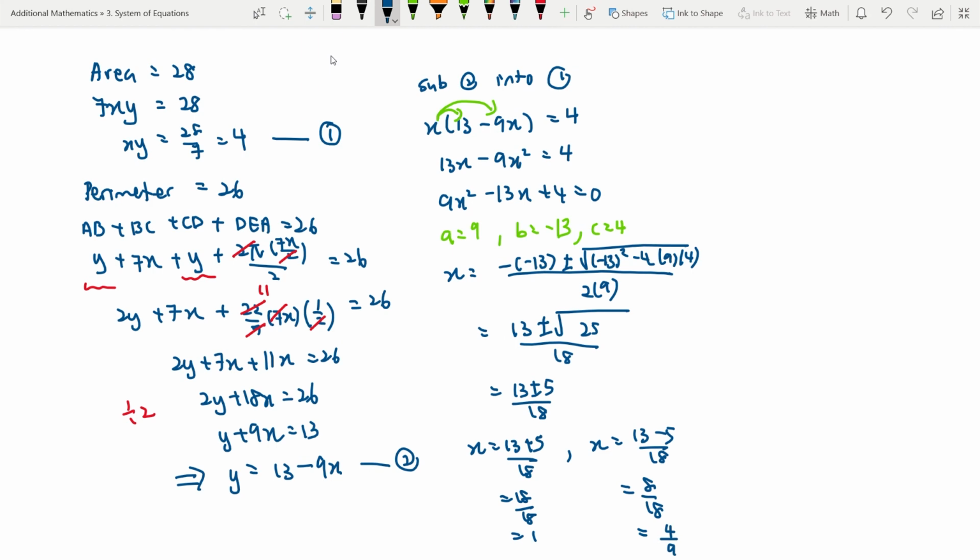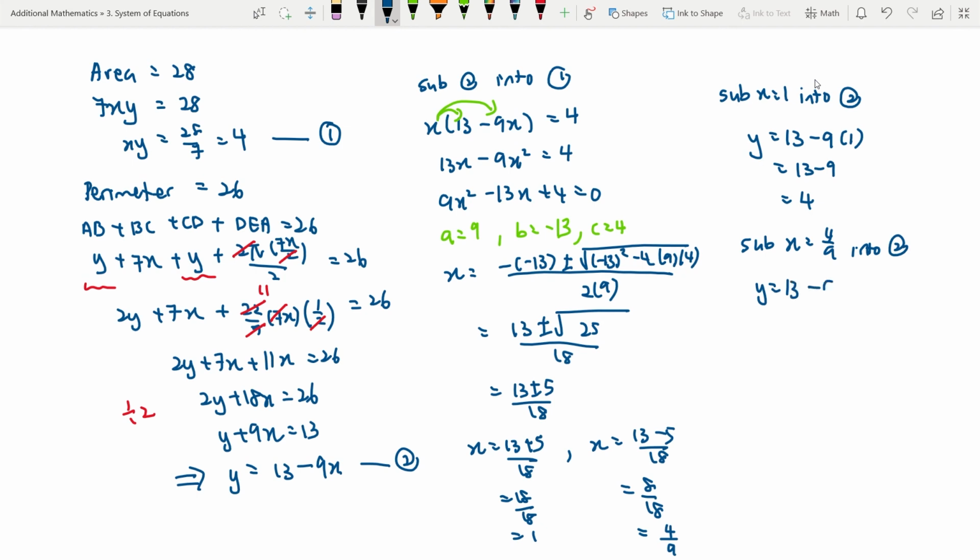Then we solve for our y. Substitute x equal to 1 into equation 2. y is equal to 13 minus 9 multiplied by 1. 13 minus 9, we get 4. Substitute x equal to 4 over 9 into equation 2 as well. y is equal to 13 minus 9 multiplied by 4 over 9.